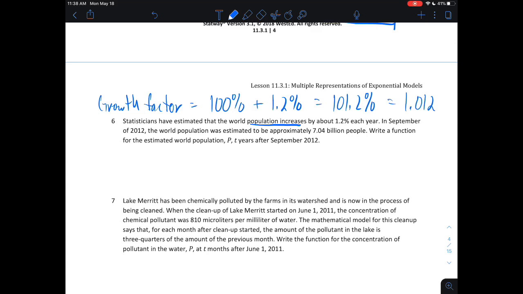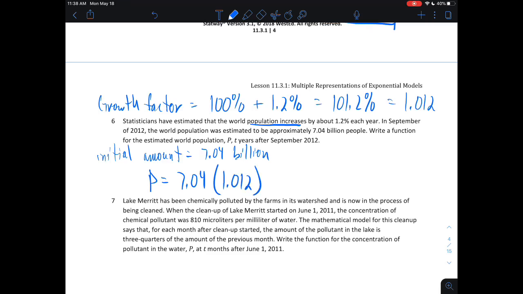And then the initial amount is the 7.04 billion people. As long as we understand that population P is measured in billions, then we can say that P is equal to 7.04 times our growth factor, 1.012, raised to the power t, the variable that we are using for time.